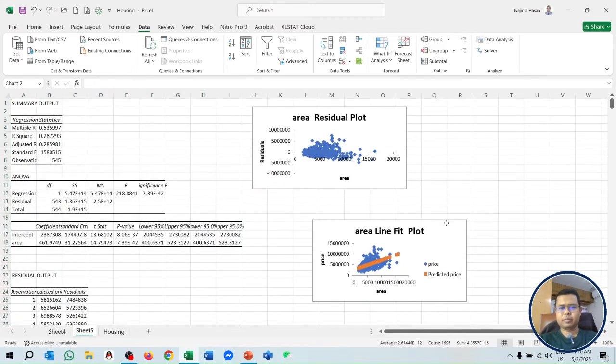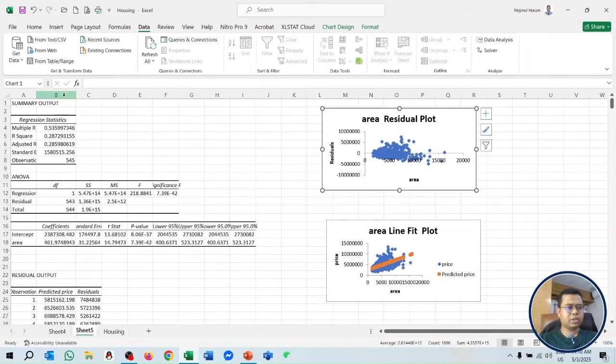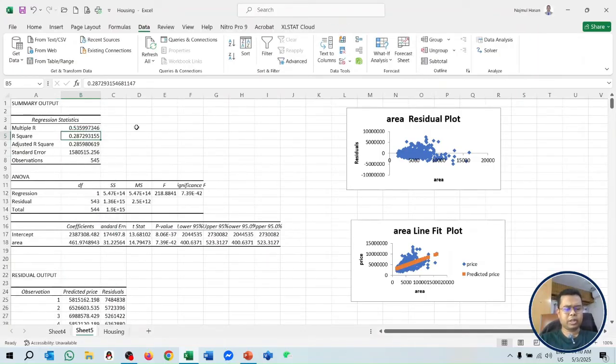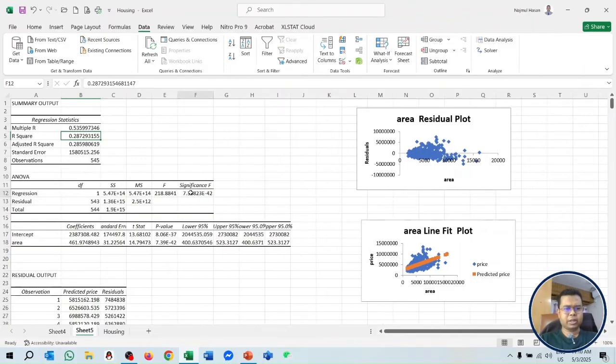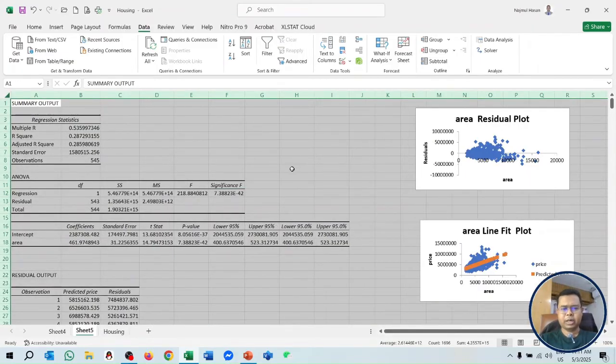So there are some plots in here, right? We need to focus on the R square value. So what is R square? Here the R square is equal to 28%. It's not a good fit, but we need to focus on the significance F. If the significance F is less than 0.05, then we are okay.